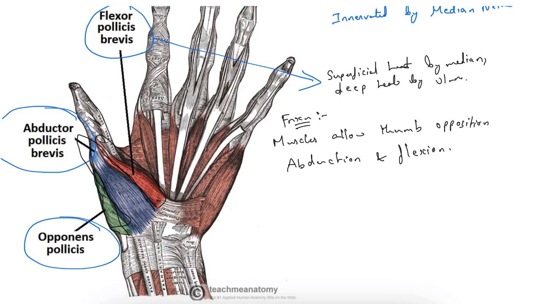How can you remember these functions? We have one mnemonic: OAF. O means opposition, A means abduction, F means flexion.